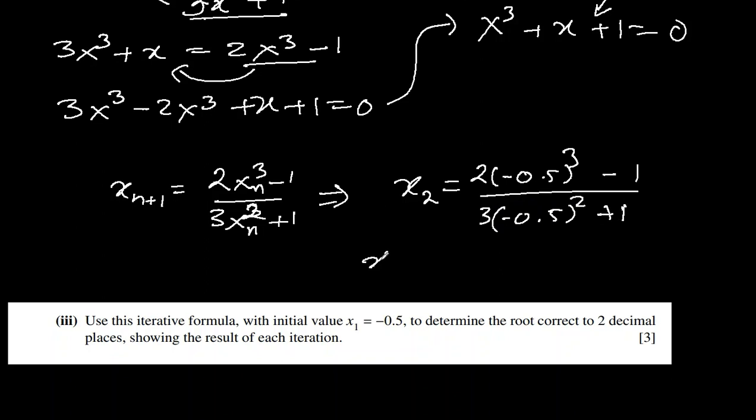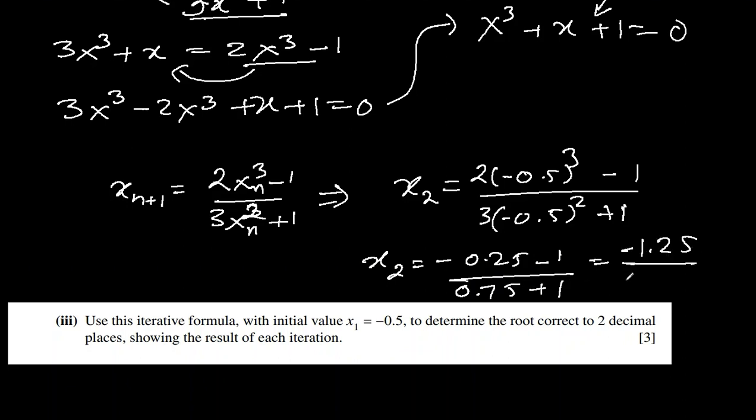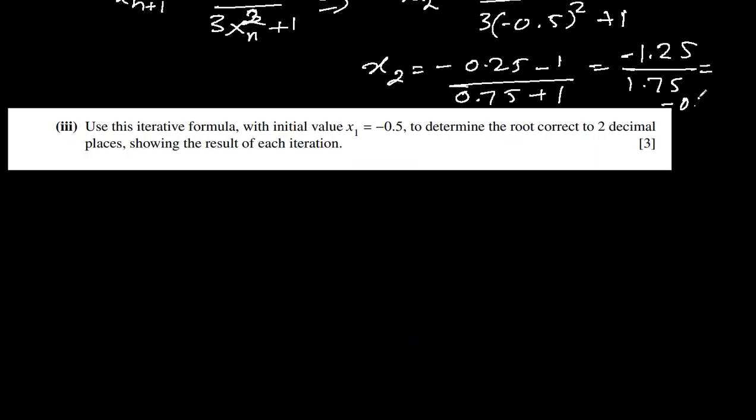Okay, so x2 comes out to be how much? Minus 0.125 times 2 is minus 0.25, minus 1, over 3 times 0.25, so 0.75, plus 1. That is minus 1.25 over 1.75, which is minus 0.7143. Now this x2 will become our number and we'll get x3 because of it.